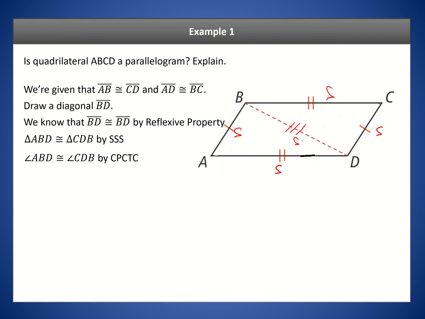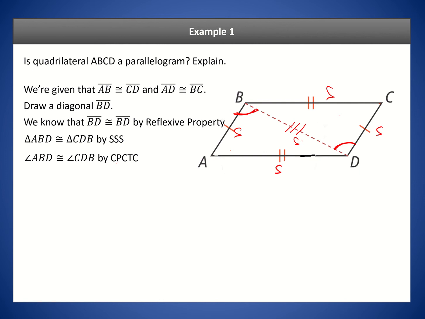Because of that, we can state that by CPCTC, the corresponding parts of congruent triangles are congruent property, this angle right here, which is ABD, is congruent to this angle, which is CDB. And this is purely because of CPCTC.